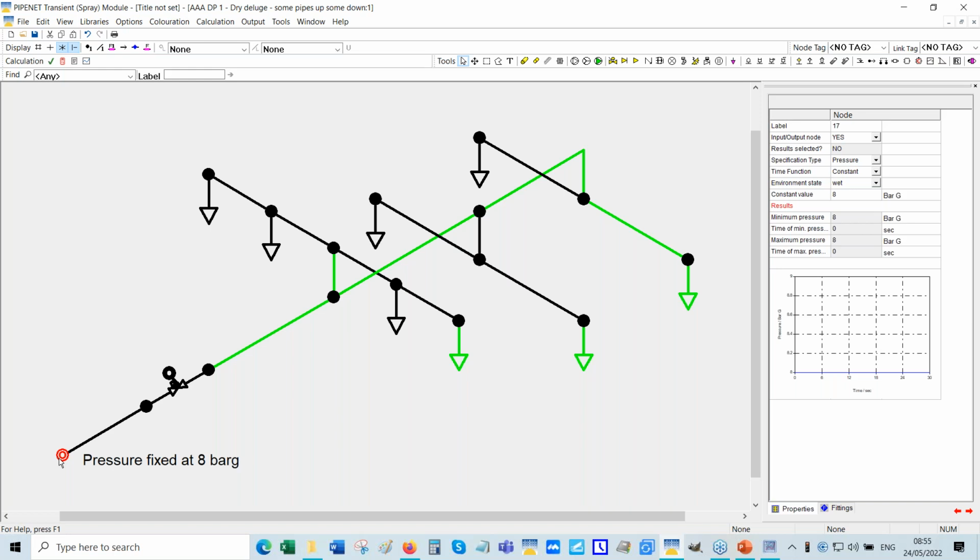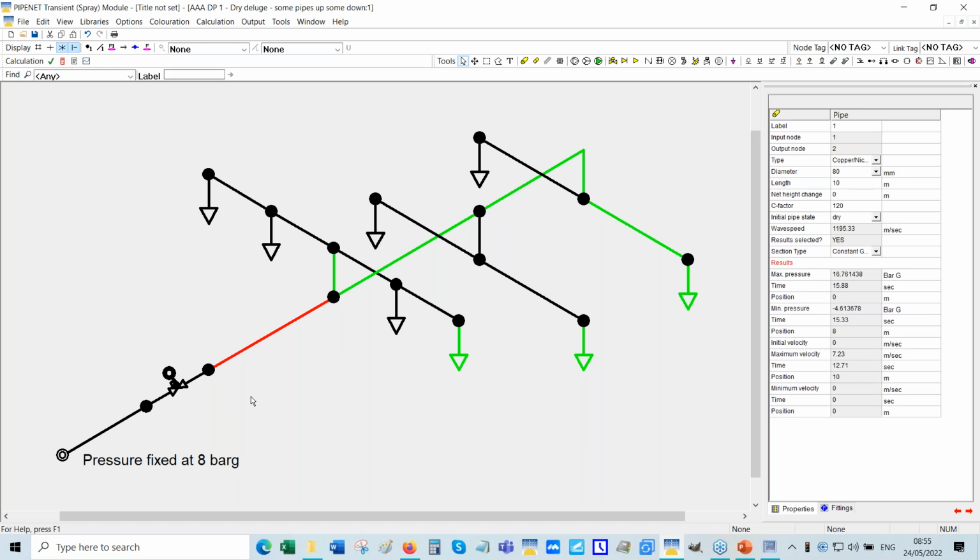So it is good engineering practice to avoid a big elevation change, especially the pipe that goes from the deluge valve in to the actual fire water deluge system proper.